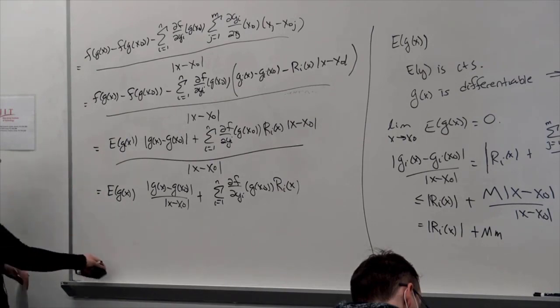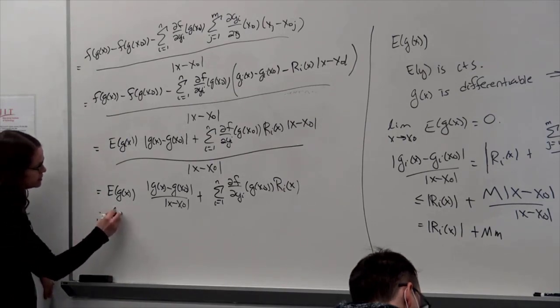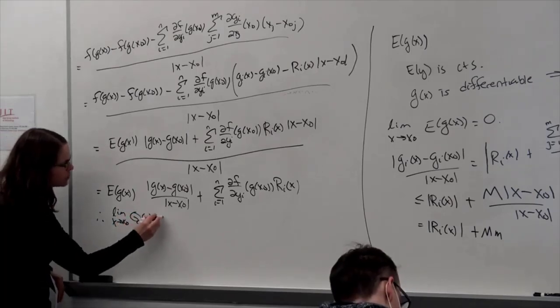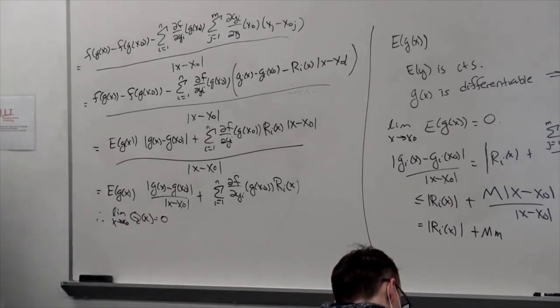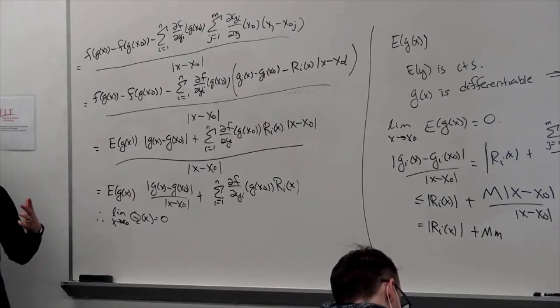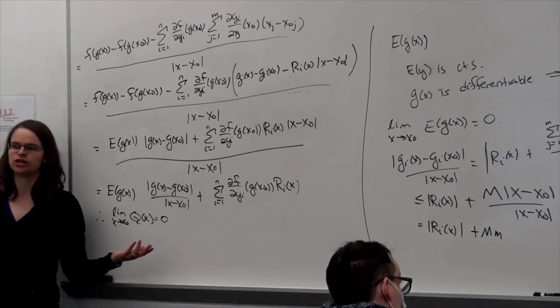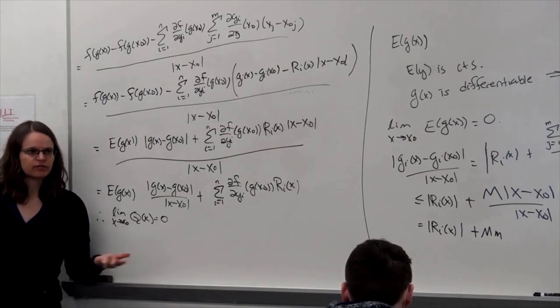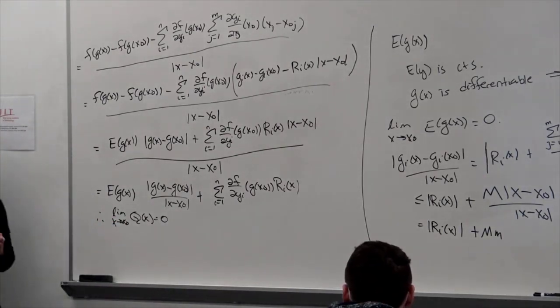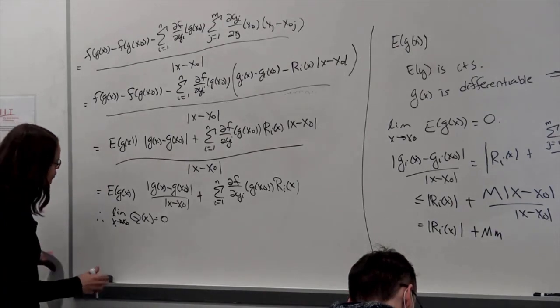Okay, so we can conclude, great. Therefore, the limit as x goes to x naught of this Q equals 0. And that is precisely the definition of differentiability. In this careful form, where we're not just computing partial derivatives, which is how we would have proved the chain rule last semester in R, we're looking at the linearization and making sure that it is staying close to our function.